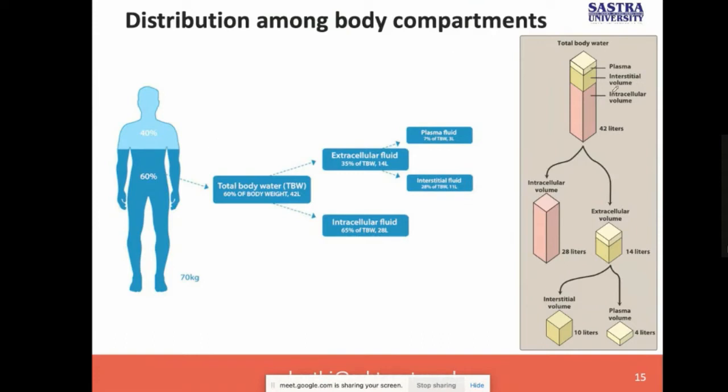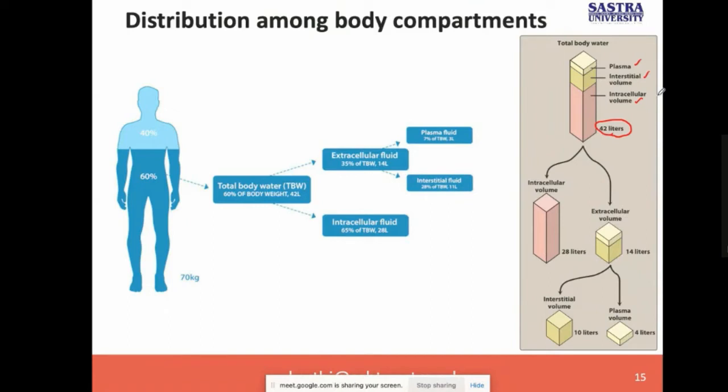So there are 42 liters of water, right? So how is it distributed? First, we can split this water into plasma, interstitial volume, and intracellular volume. Three major compartments, three major classifications.